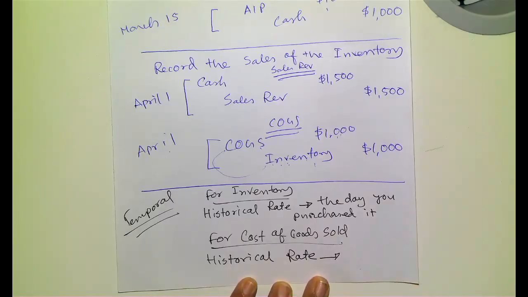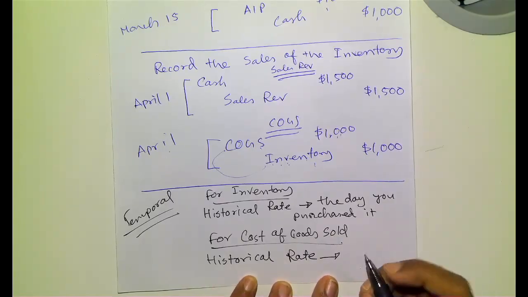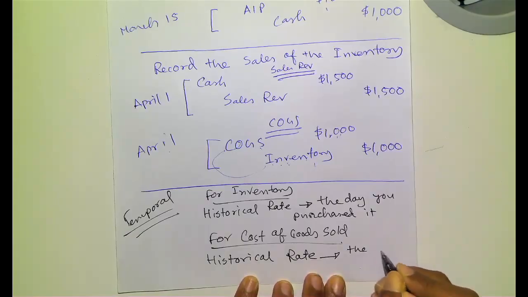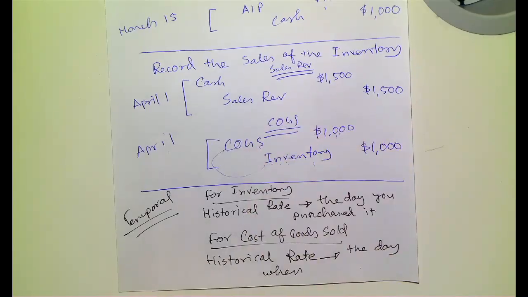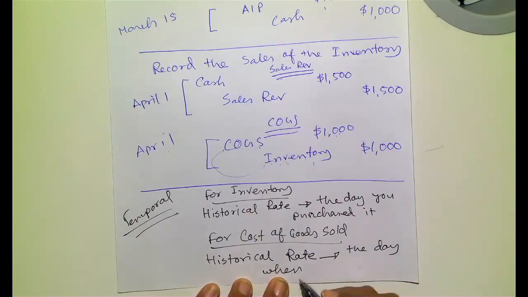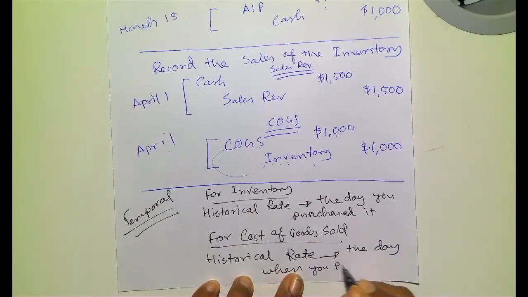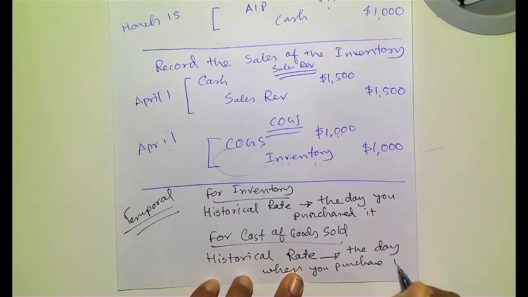Historical rate for the cost of goods sold means use the day when you purchased the inventory, because cost of goods sold and inventory are the same. So it's the same way we treat the historical day: the day when you purchase the inventory.